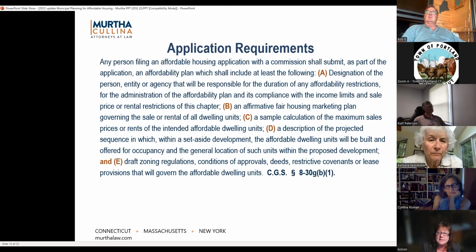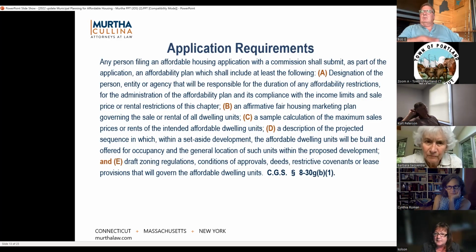So something that's really significant about the Affordable Housing Act that I'm always called upon to review, and boy, it can be complicated, is that they are required to put together an affordability plan to basically establish that they meet the requirements for the Affordable Housing Act. What does that mean?